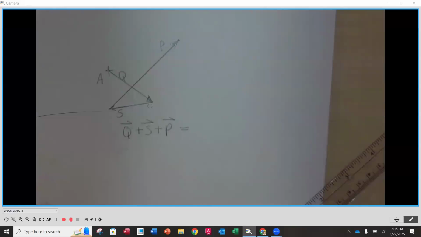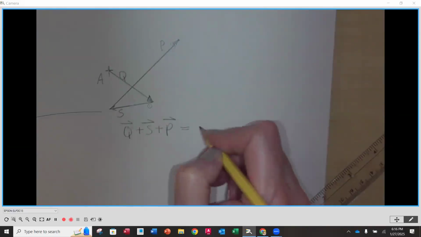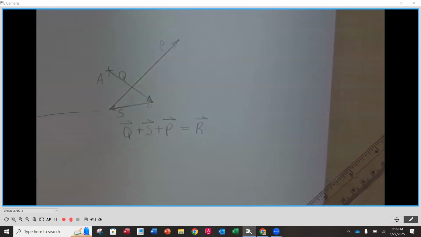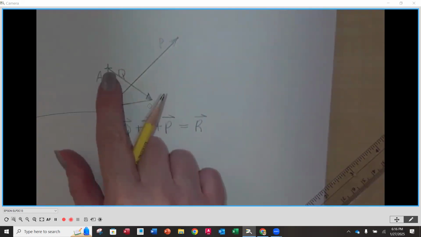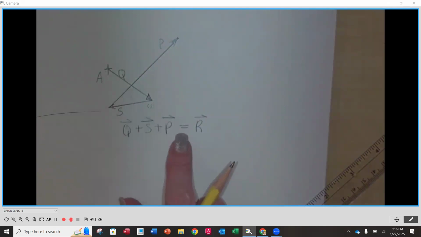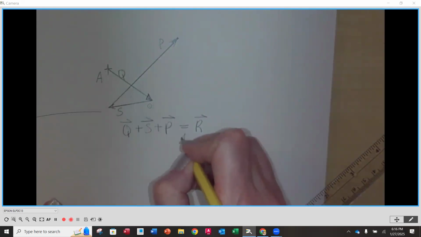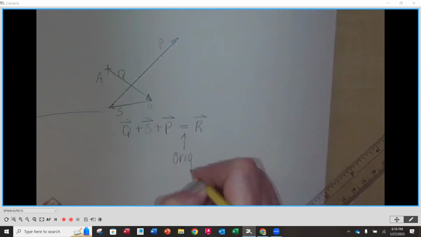It's going to be equal to the resultant. So I'm going to call it R as my variable, and I'm going to put my little arrowhead above. And now remember, I need the tail of my resultant to start at my origin, or in this case, point A. I always like to think of my equal sign as my origin.